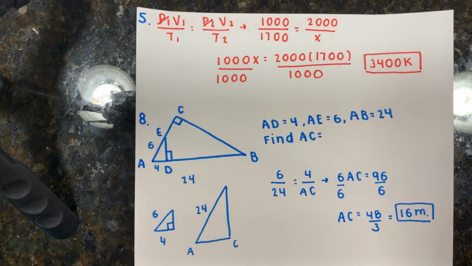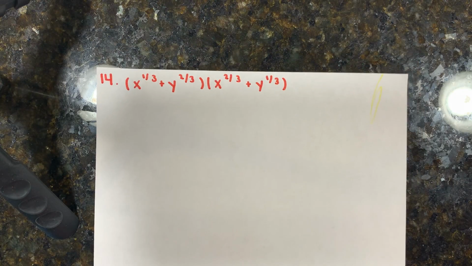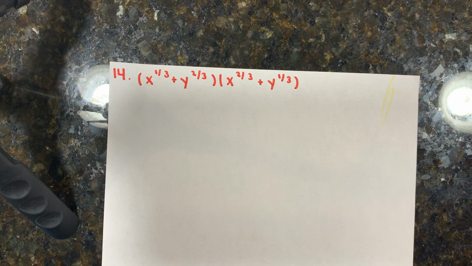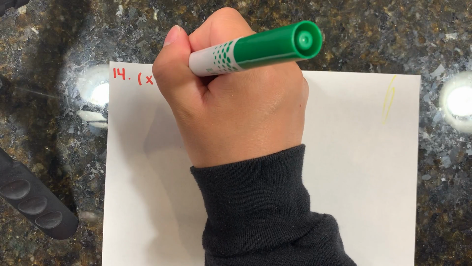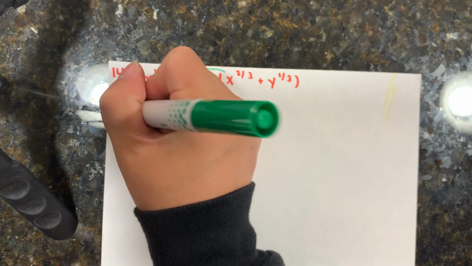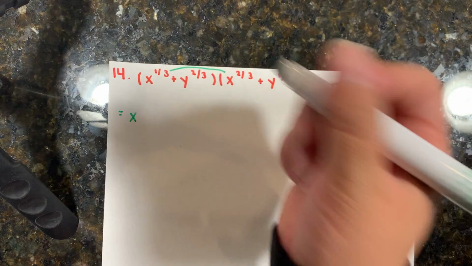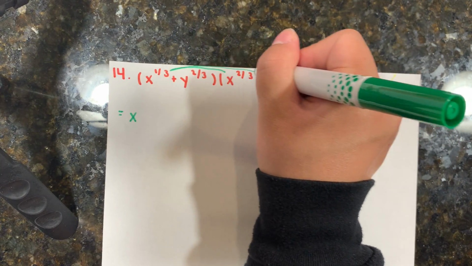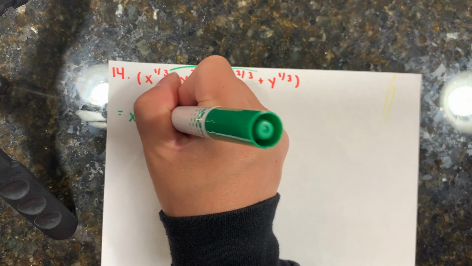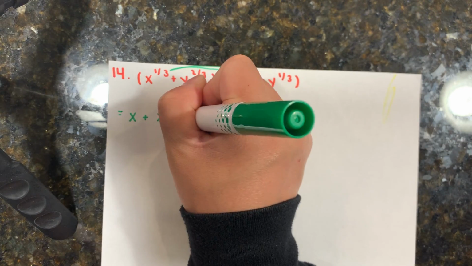Now we're going to look at number 14, which I was supposed to do in the last video, but number 14, I'm going to start by just multiplying this out. So remember, you're adding exponents. So 1/3 plus 2/3 would just be 1. Then the last two terms would be x to the 1/3, y to the 1/3.